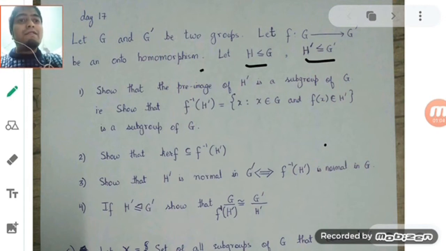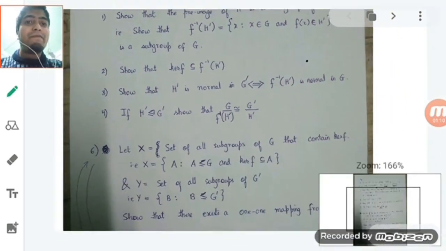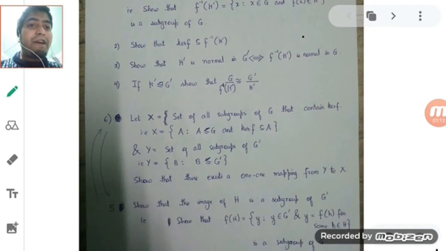Theorem 1 is concerned about the pre-image, and theorem 5 is concerned about the image. Before going into theorem number 4 and number 6, which I will do, first of all you need to have an idea of what an image and pre-image of a set is.